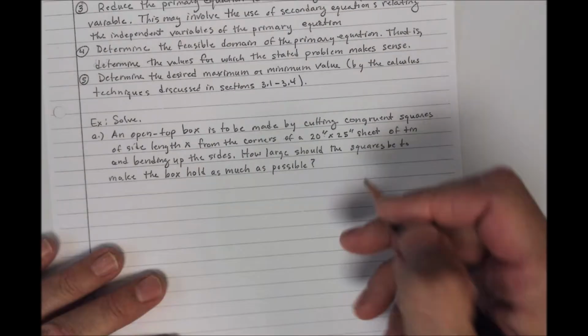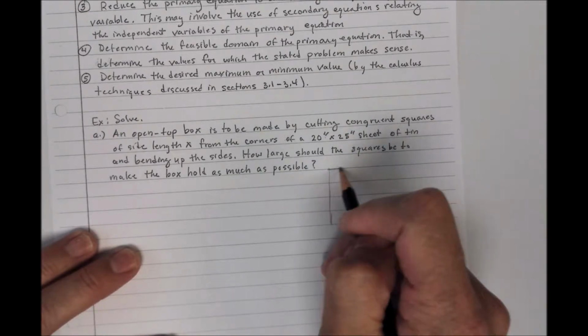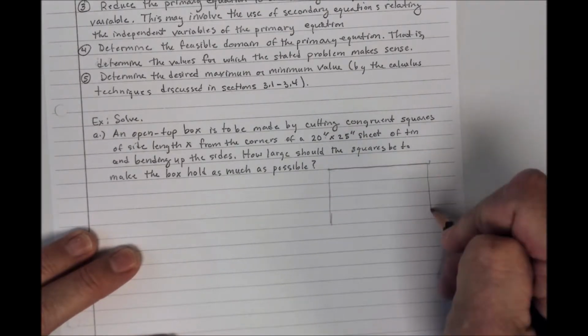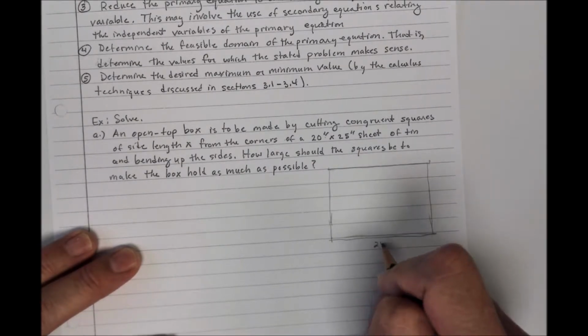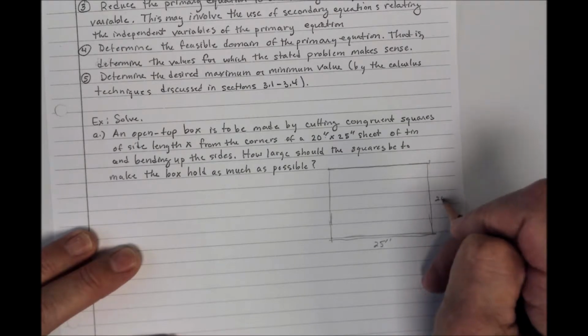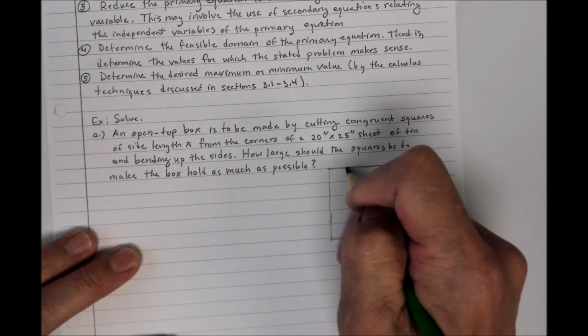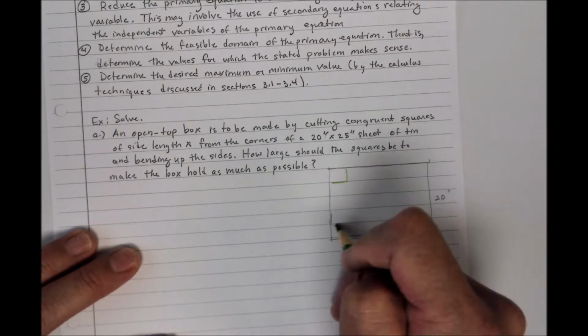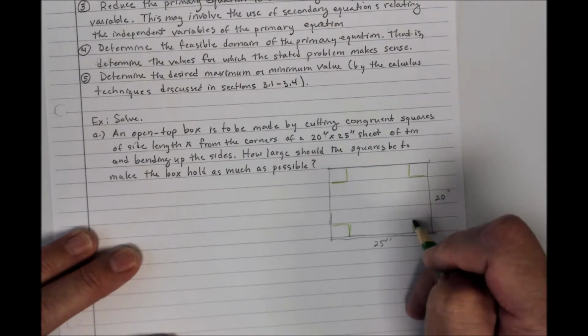So now I'm going to draw it out over here. This is supposed to be 25 inches and this is 20 inches. And I'm cutting out a corner here. Let me use a colored pencil to show that. There's a corner, there's a corner, there's a corner, there's a corner.